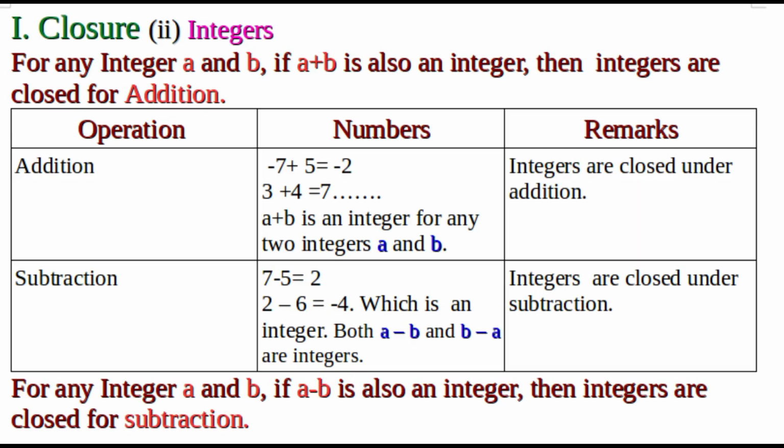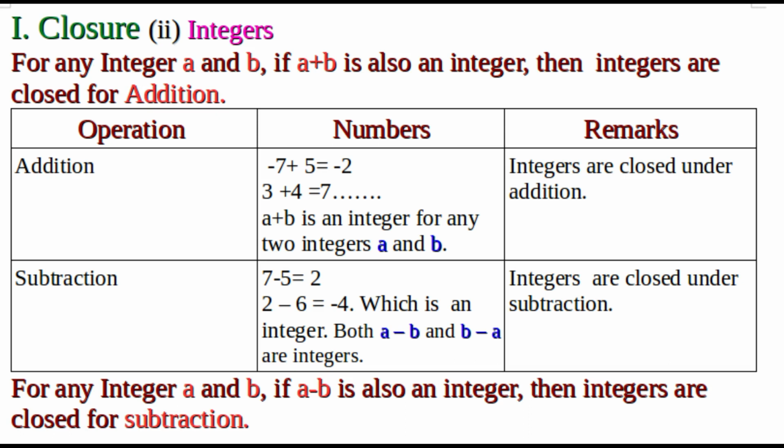Now we can consider integers. Integers means the collection of positive numbers, negative numbers and 0. In this case, the first operation, addition: minus 7 plus 5, answer is minus 2, that is also an integer. 3 plus 4, answer is 7. 0 plus 5, 5.